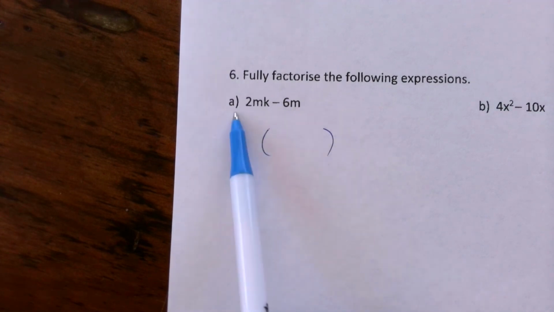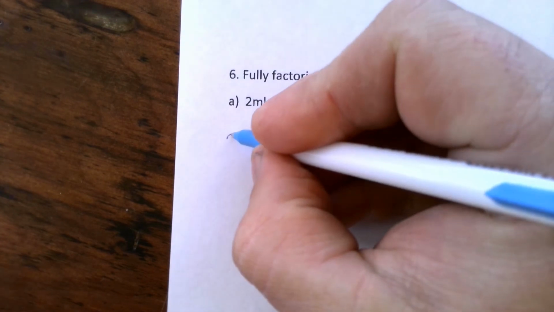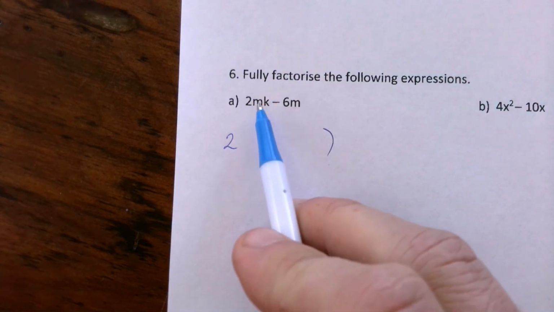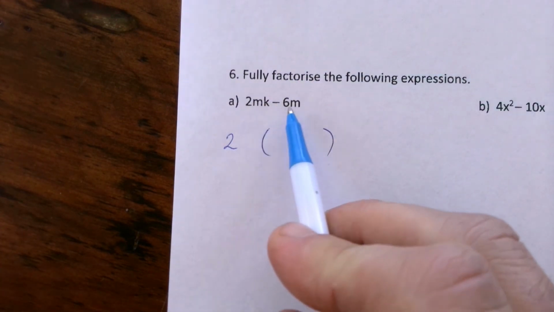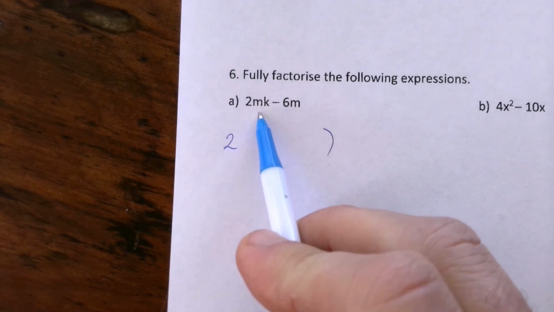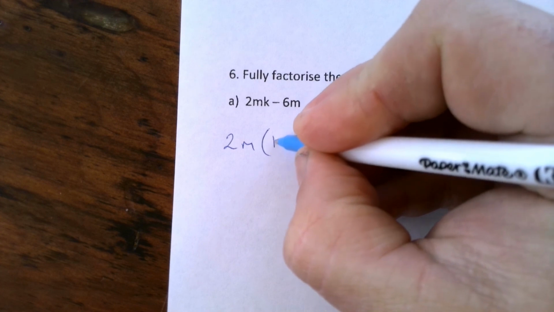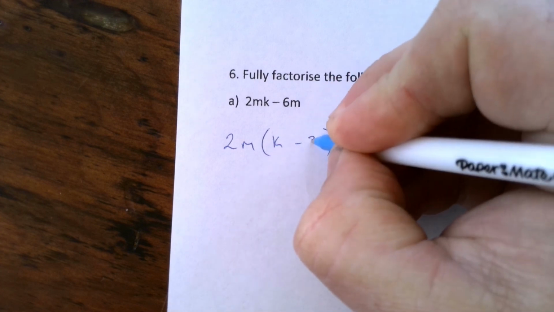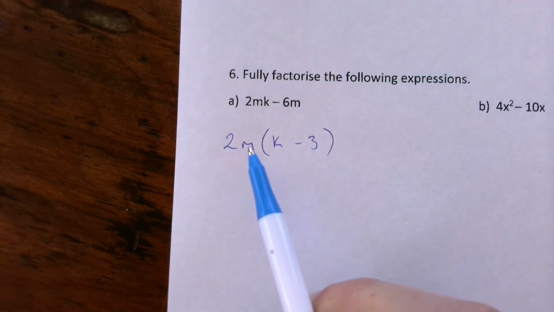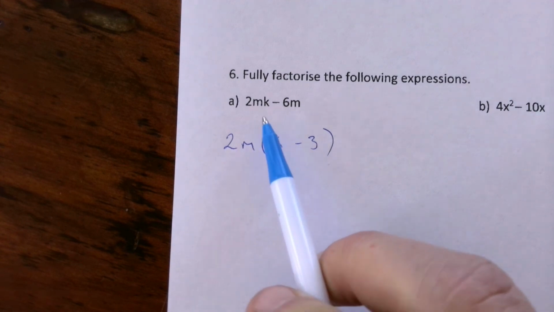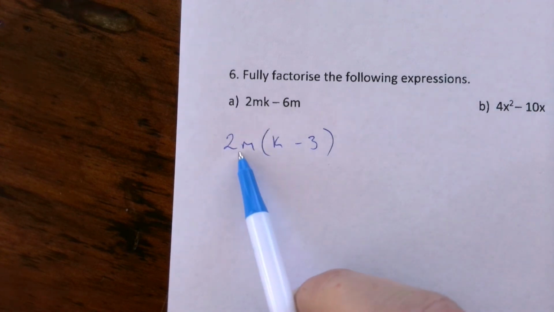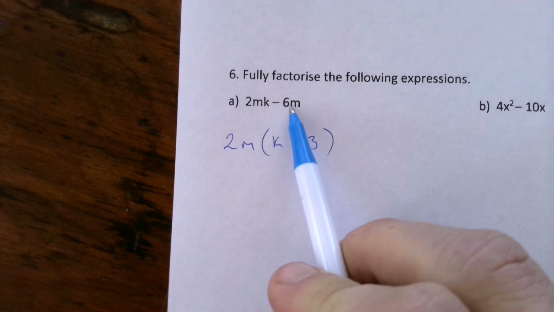I know that 2 will go into both of those, so 2 can come out the front. M is in both terms, so I'll take the m out the front as well. And that leaves me with k and a minus 3 in the brackets, because 2m times k makes 2mk, and 2m times minus 3 makes minus 6m.